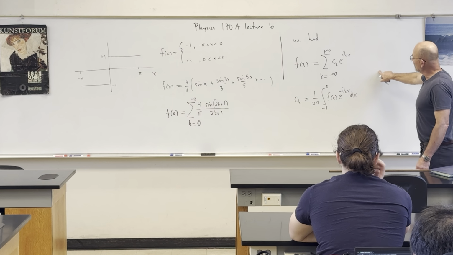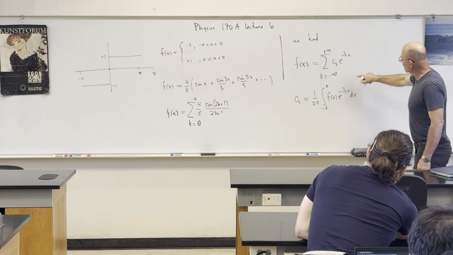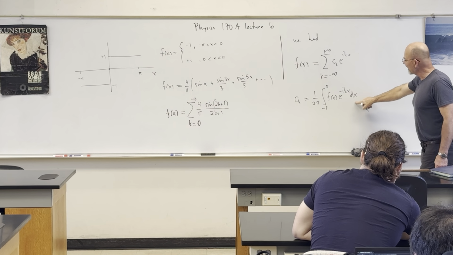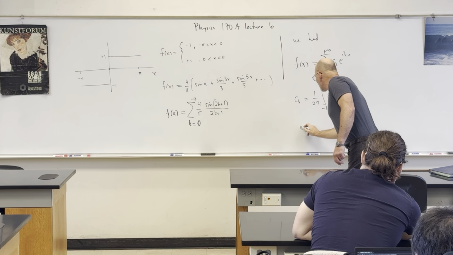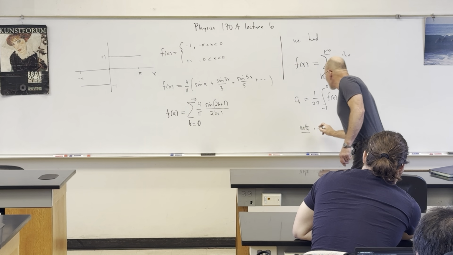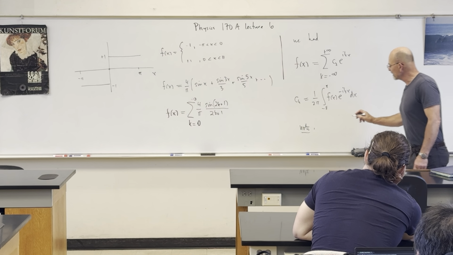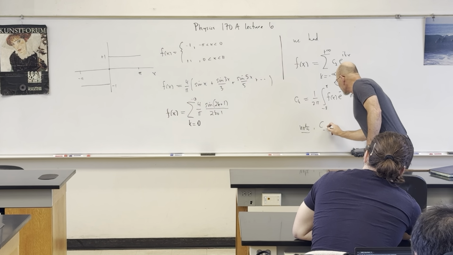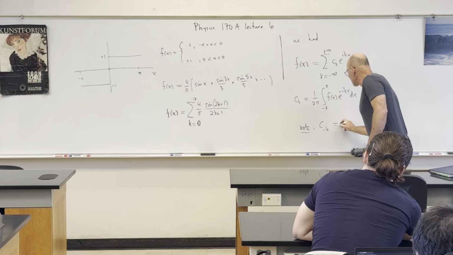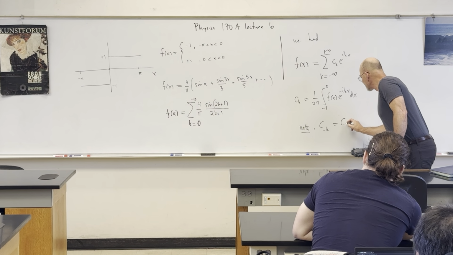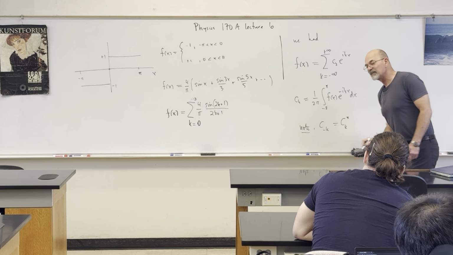And I had even pointed out a couple of things here that just based on this definition, we know that the c sub negative k is equal to the c sub k complex conjugate.